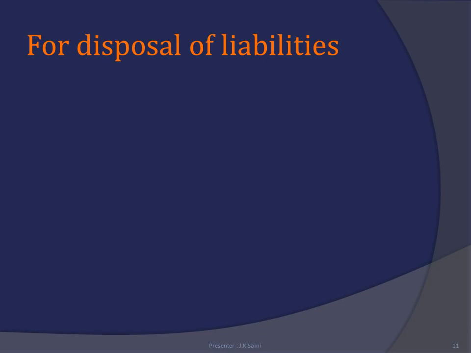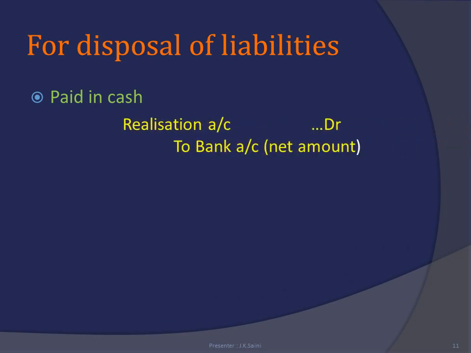Suppose all the assets have been sold, and the liabilities as and when they are paid will be recorded in realization account, paid in cash. Realization account will be debited and bank account credited. Notice that the actual amount paid is recorded. Similarly, as the assets were sold, at whatever price they were sold, they are recorded at the sale price.